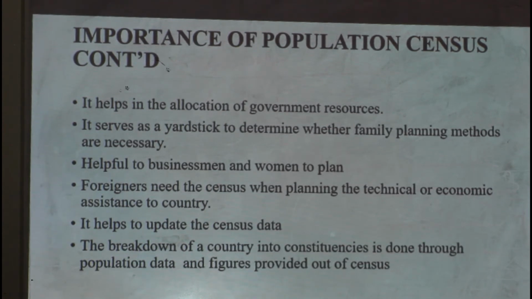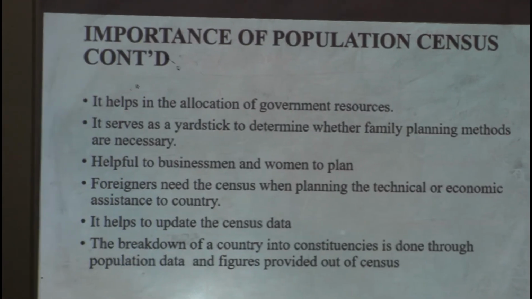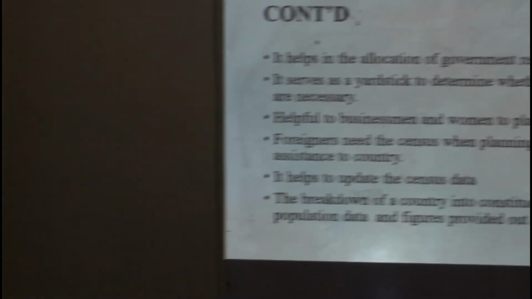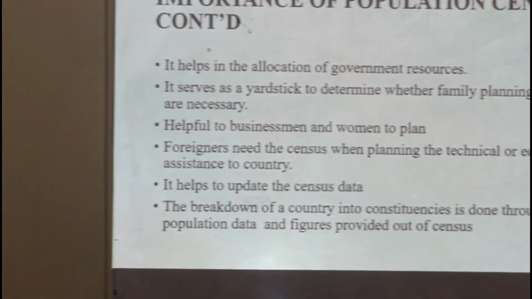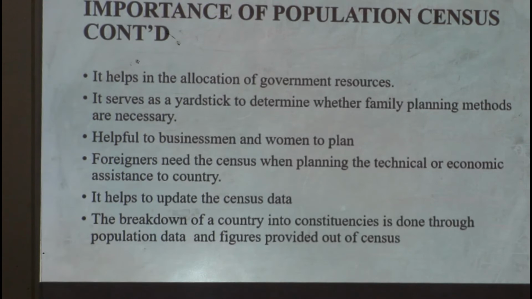And so government will look at the population size and the population structure in allocating resources to people within the nation. It also serves as a yardstick to determine whether family planning methods are necessary.